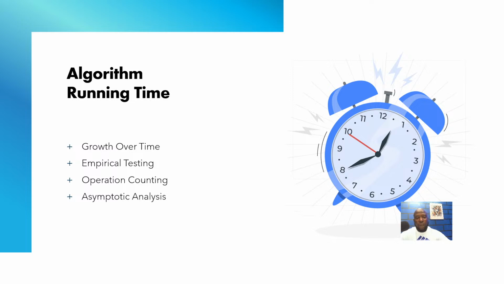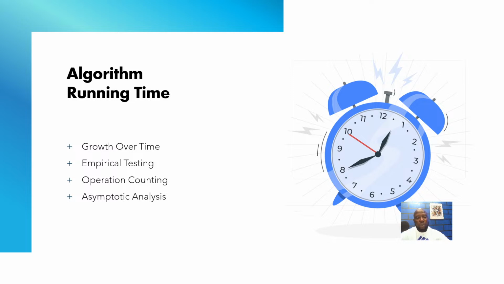But there's a way you can do your counting in such a way that it may take you almost the same time it takes you to count 5. So how does the function or the algorithm slow down or increase in speed as the input grows? That is what we mean by growth over time.